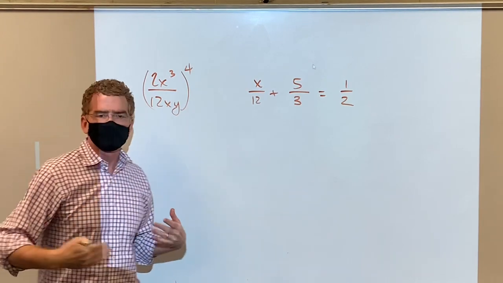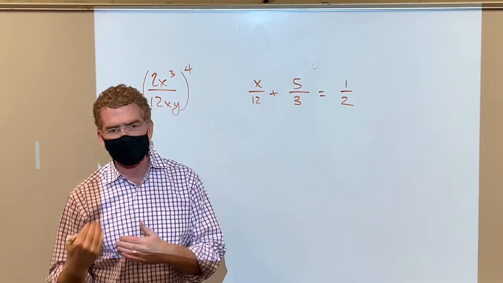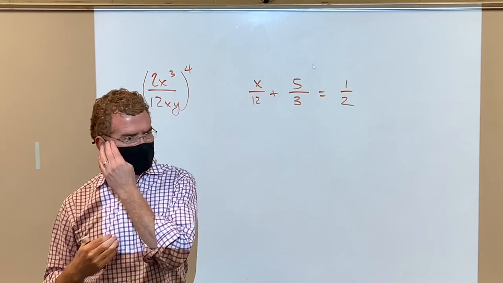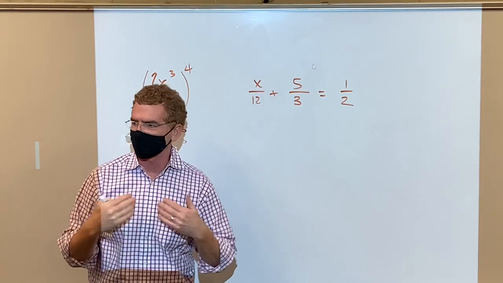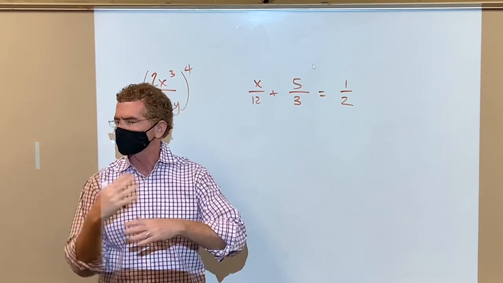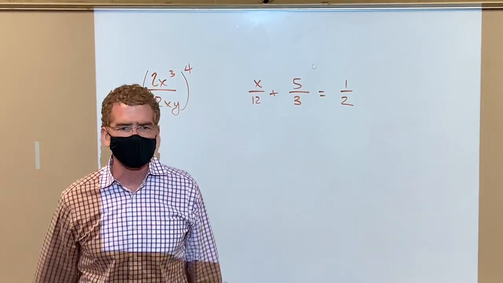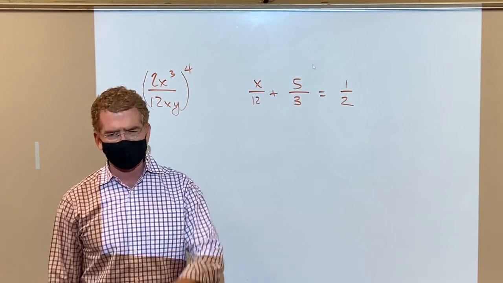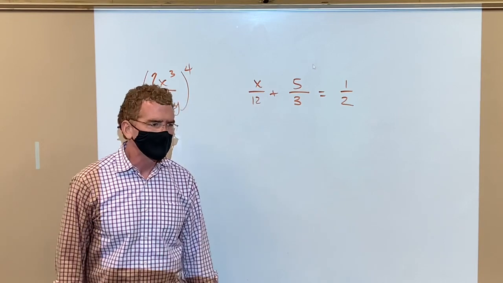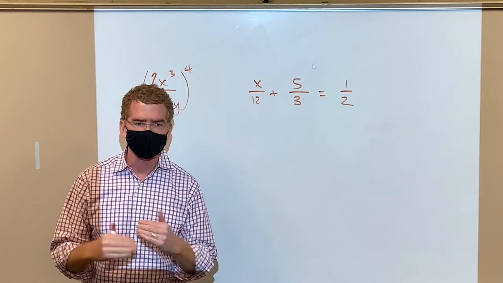And yes, you're probably going to see some factoring in there, but the factoring that you see, at least on my test, will be very basic: trinomials, difference of squares. We're not going to get back into the ugliness. Now, occasionally it might show up on a homework problem, but if you understand the basic factoring, you're going to be in good shape.